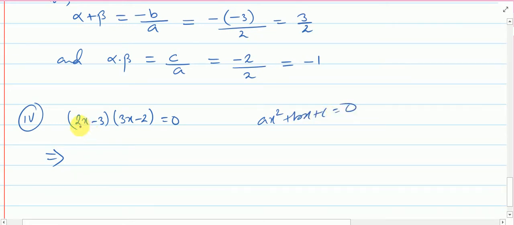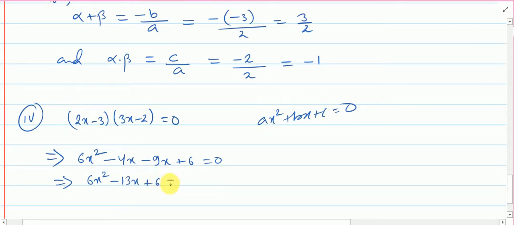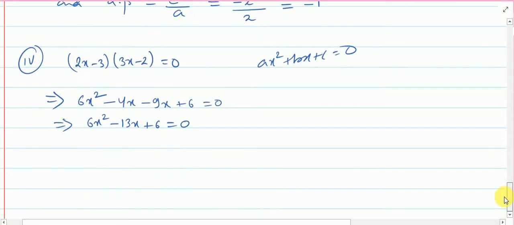So here 2x and 3x, 6x square, then this 2x will multiply to this minus 2, so minus 4x, then minus 9x and plus 6 is equal to 0. So 6x square minus 13x plus 6 equal to 0. Now you can see this is in this form. So you can easily tell me that A is 6, B is minus 13, C is 6.